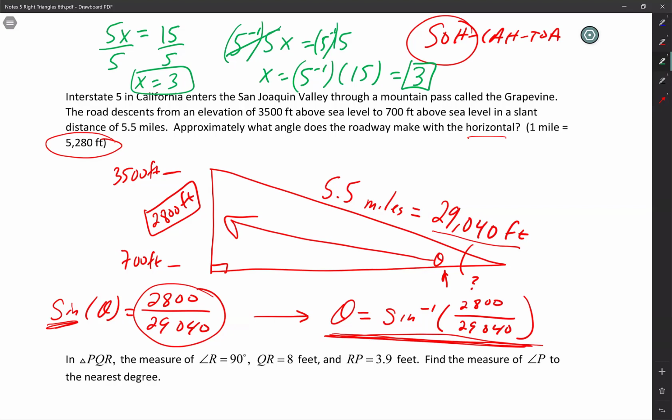I want to get theta by itself, and the only way to do that is to take the inverse of sine. Does that make sense to you guys? Okay, so write that down somewhere. The only way to get theta by itself is to take the inverse of whatever function I have.